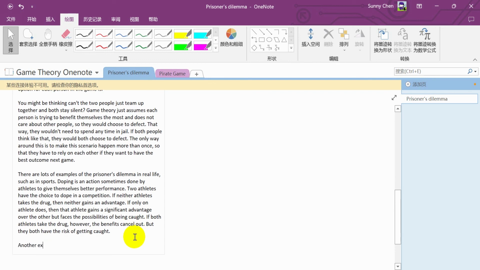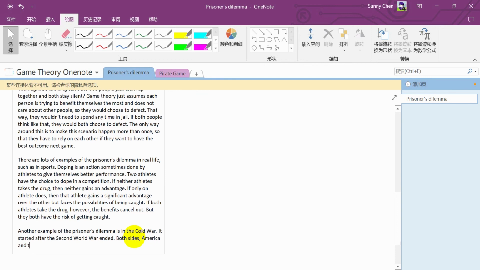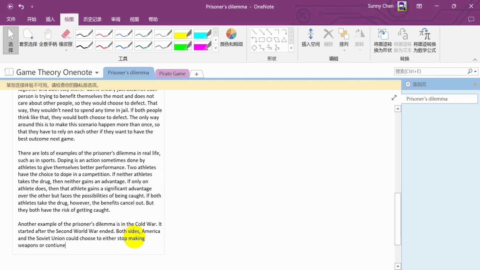Another example of the prisoner's dilemma is in the Cold War. It started after the Second World War ended. Both sides, America and the Soviet Union, could choose to either stop making weapons or continue.